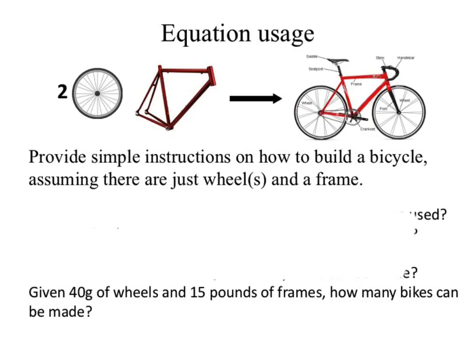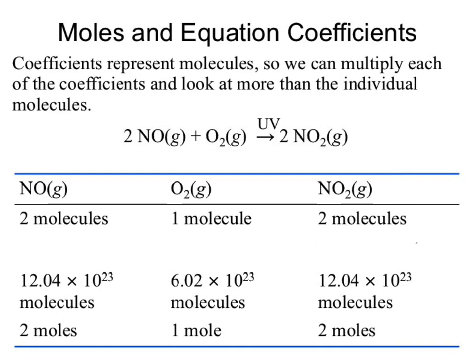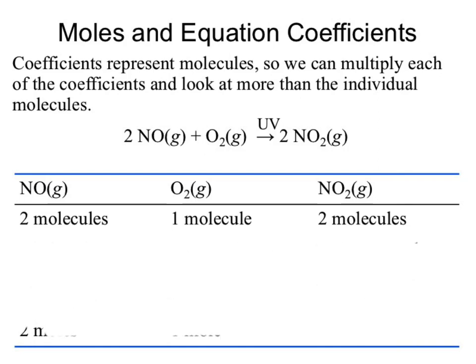So, looking at our equation, if we scale this now to chemistry, we have a chemical equation, and that chemical equation now allows us to relate different things. If I'm given 2 molecules of nitrogen oxide, I know it needs 1 molecule of oxygen to react with it. And because I have the balanced equation, I also know that 2 molecules of NO2 would be produced.